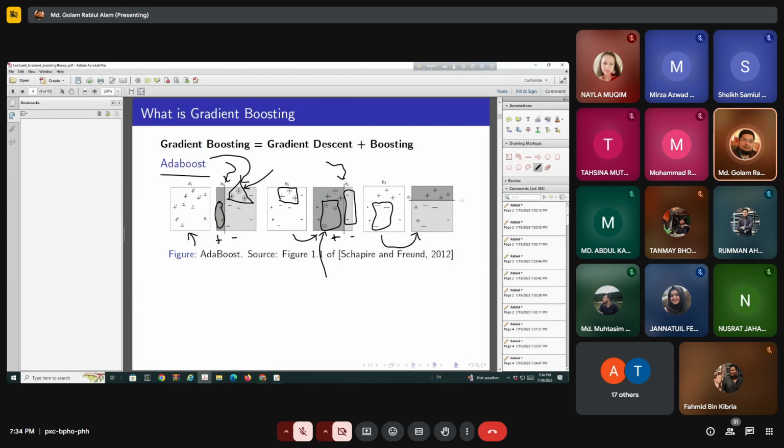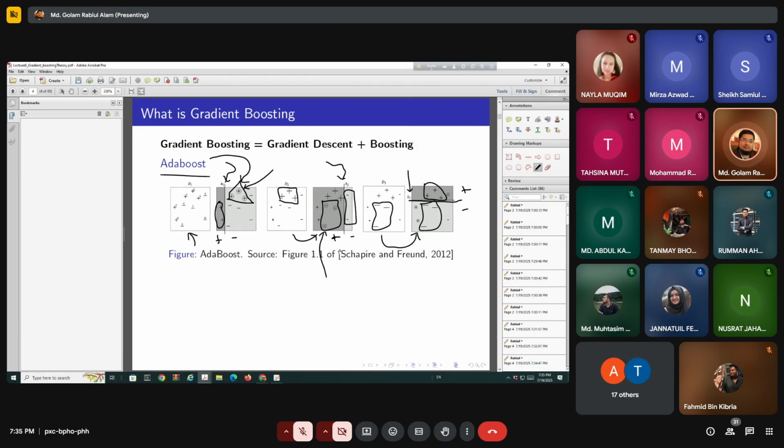So this is the third weak learner, H3. Let's say this side is positive and this side is negative. These three positive instances are successfully classified, and these three negatives are also successfully classified by our third weak learner.